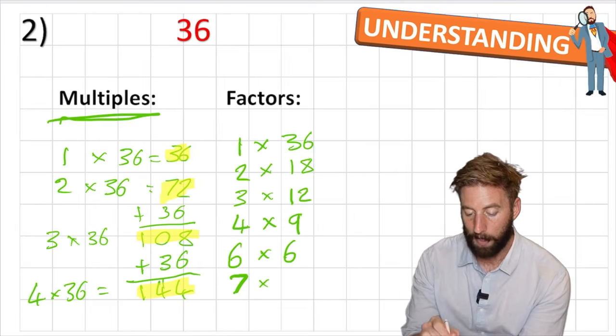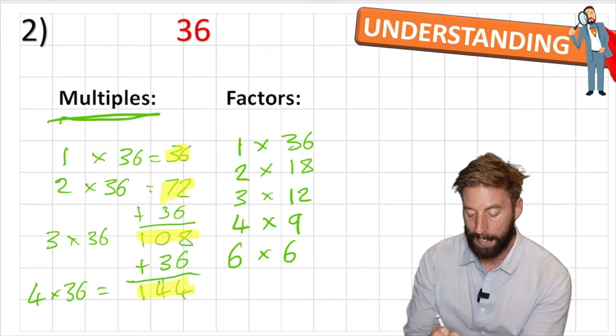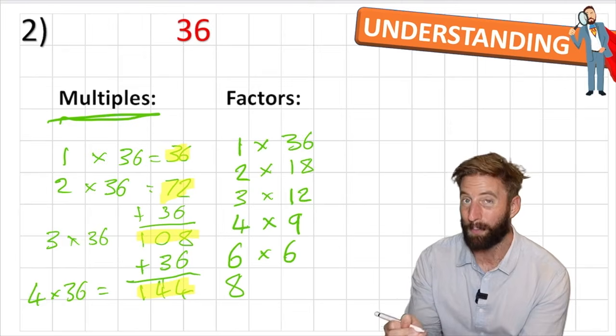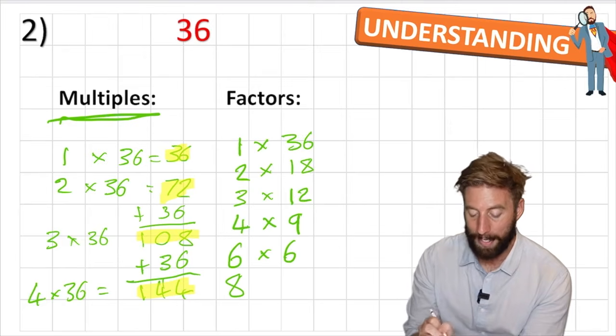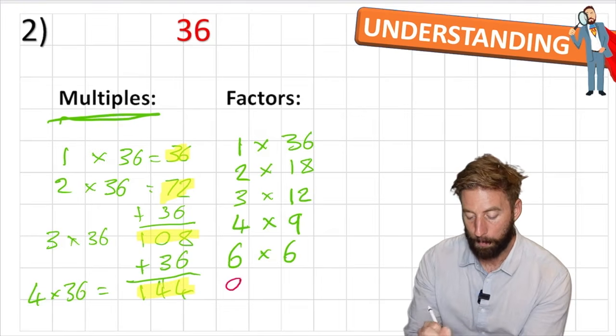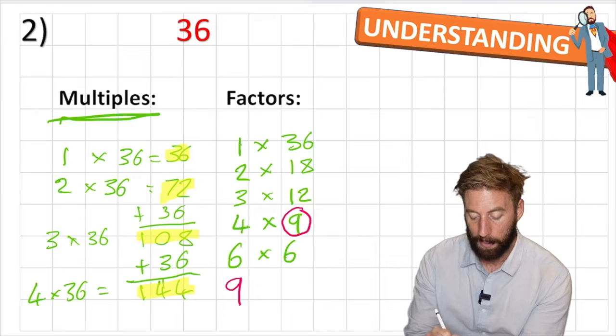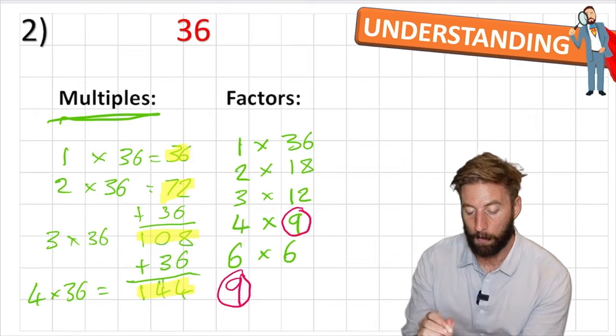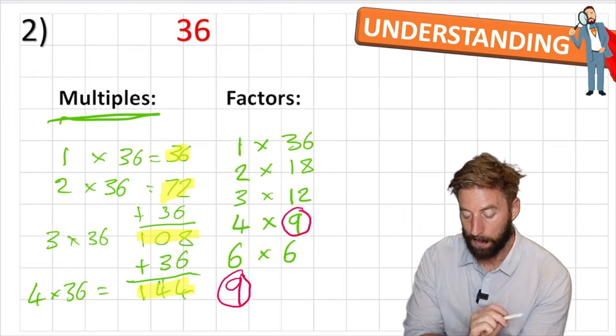No, again, can't get there. So we get rid of 7. And let's check 8. 8, 16, 24, 32, 40. No, 8 doesn't work either. And therefore, my next number would be 9, but I've already got a 9, so I now know I don't need to do that one, and I've come to the end of checking my factors.